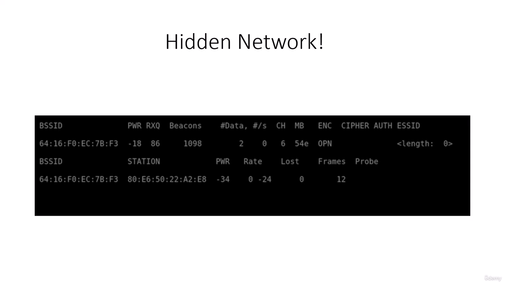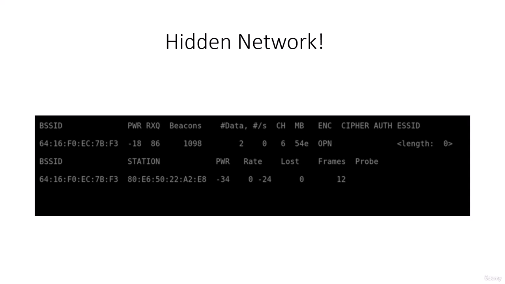When it reconnects, it is going to send the network name in the air. Since we have airodump-ng running, it will be able to capture the name, and it will show us the name here. So again, the attack is very simple.